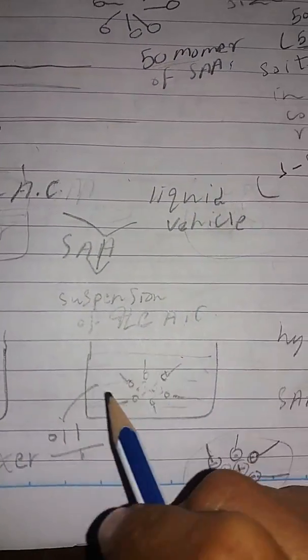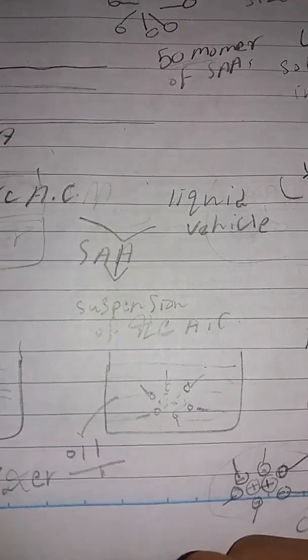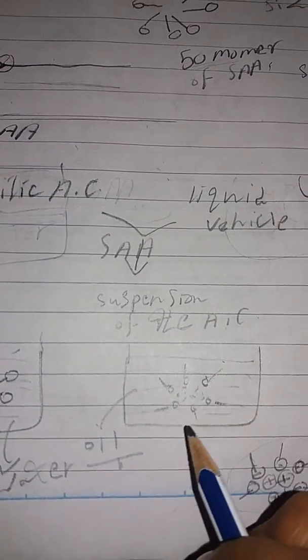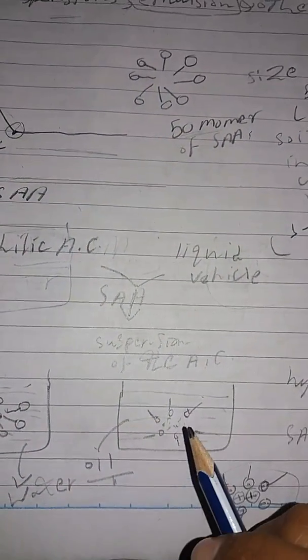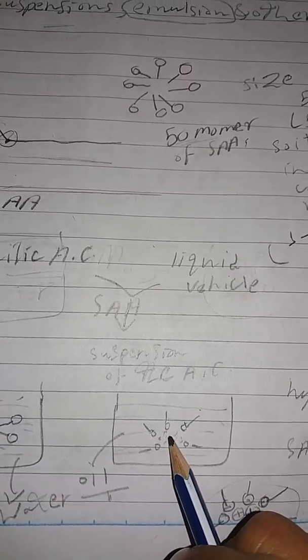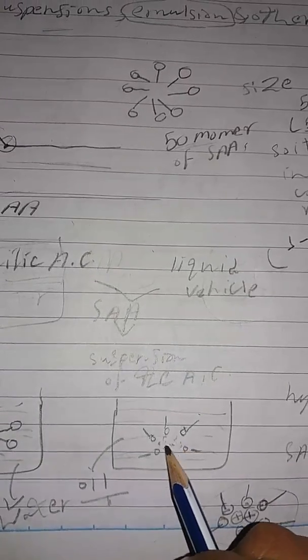So what if we have oil as the dispersion medium? The lipophilic part will be dissolved in the outer phase, and the active ingredient will be dissolved in the polar heads.